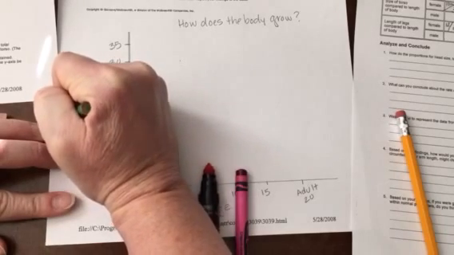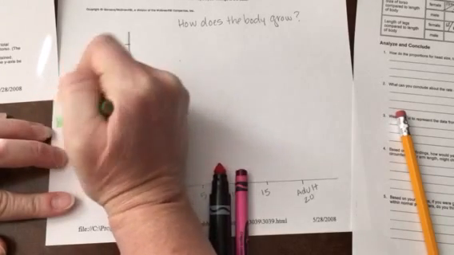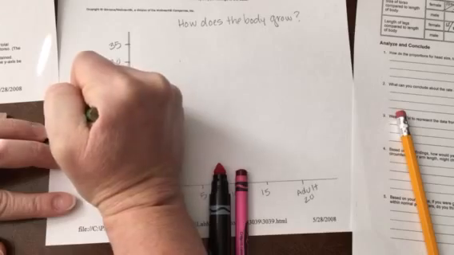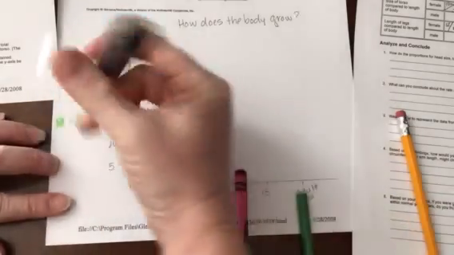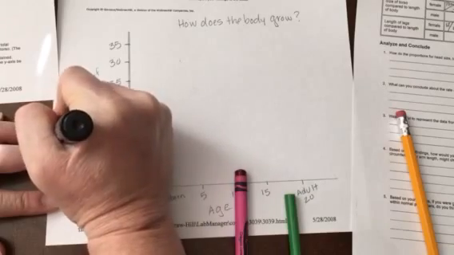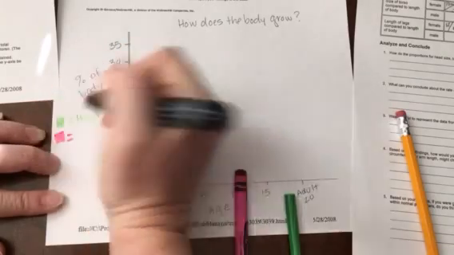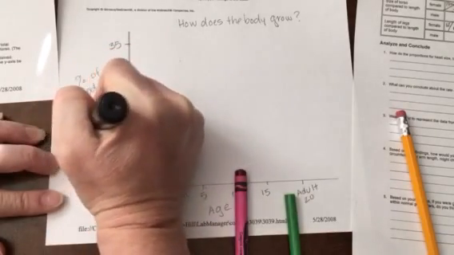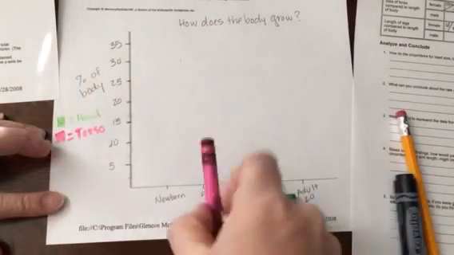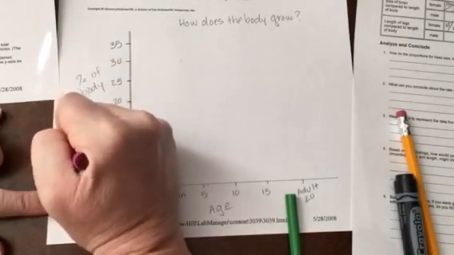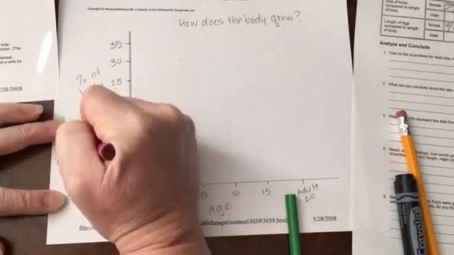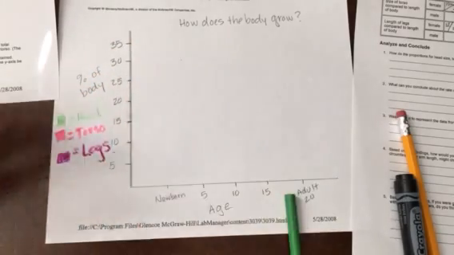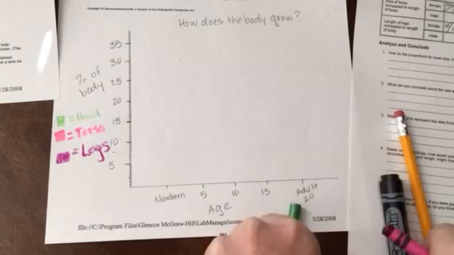This green I'm going to do for head. And I'm going to do orange. Oh, this is pink. I am going to do torso. And for burgundy here, I'm going to do legs. And hopefully you make that a little bit neater than what I did.